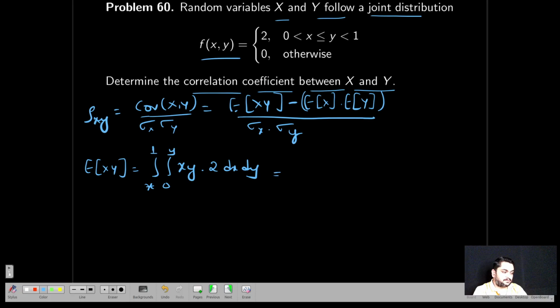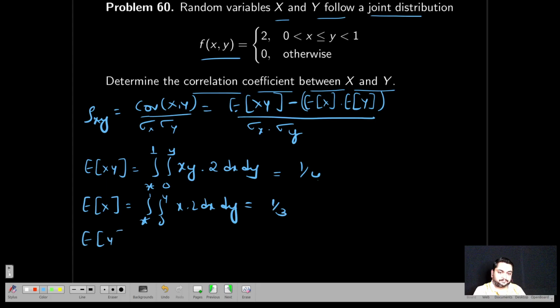So if you solve this, e of xy we'll get as 1 by 4. Similarly, e of x, calculate the intervals using the marginal probability. We'll get this as 1 by 3.